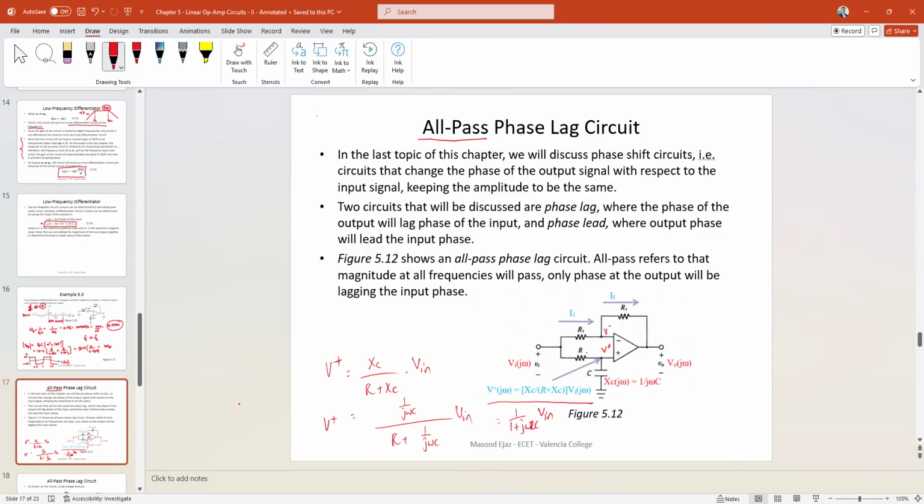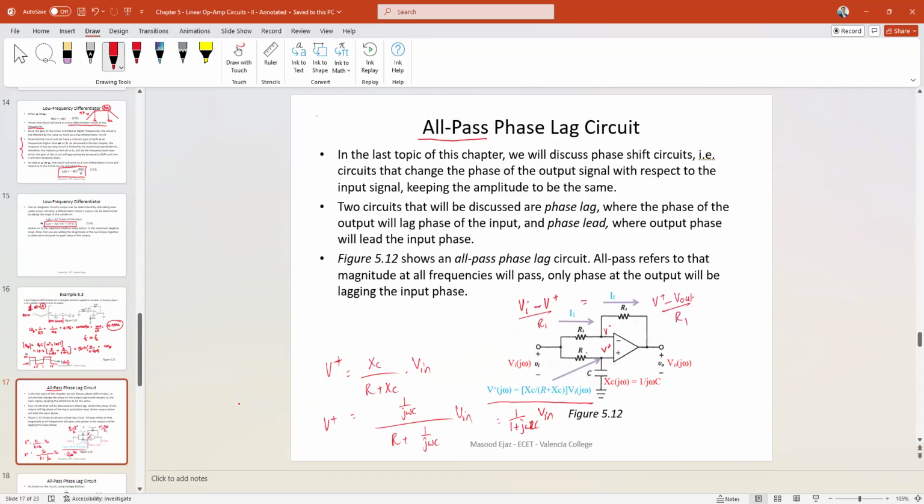Now we can apply KCL at the inverting input with I1 equals IF. I1, of course, with Ohm's law, is going to be V input minus V positive over R1. And this is going to be equal to IF, which is V positive minus V output over R1.